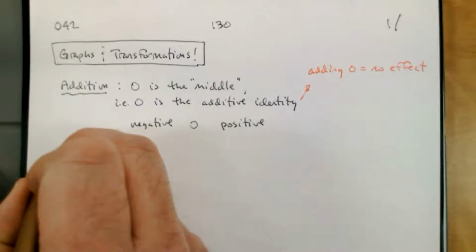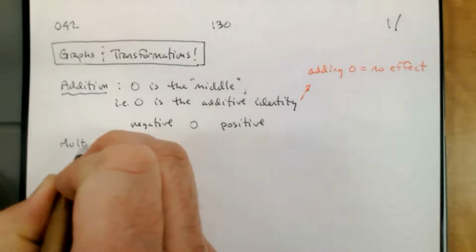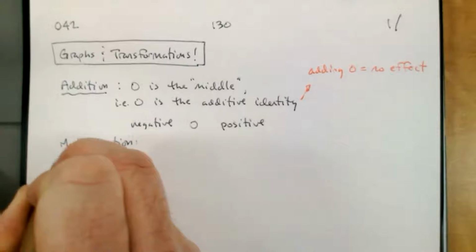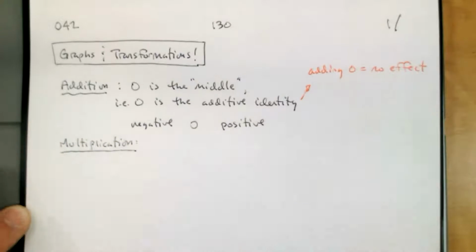For multiplication, multiplication has a different middle. For multiplication, 1 is in the middle. 1 is the multiplicative identity.